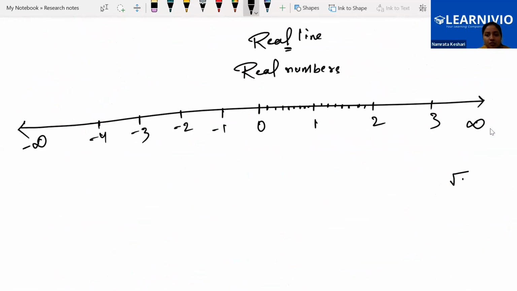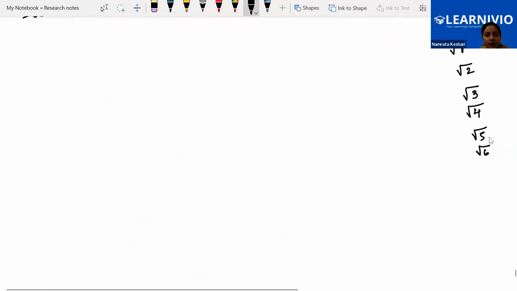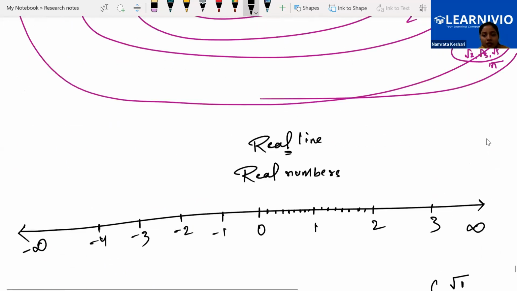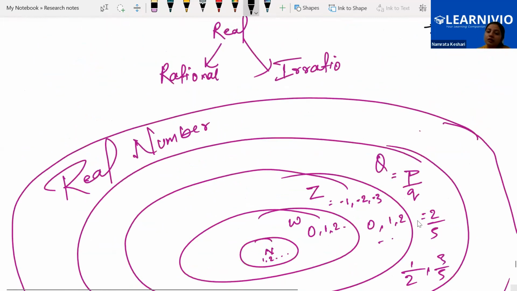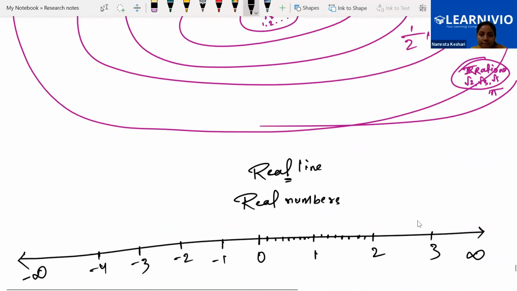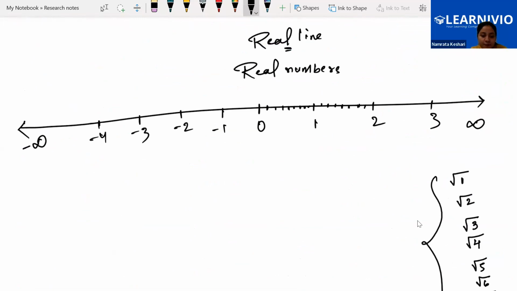The natural number is 1, 2, 3, 4, 5, 6, 7, 8. So is it so that if we take natural numbers for m, it will give all the real numbers? No. Yes, Samya, you said it correctly.